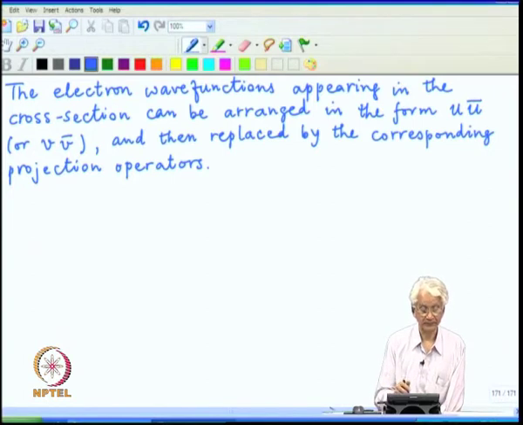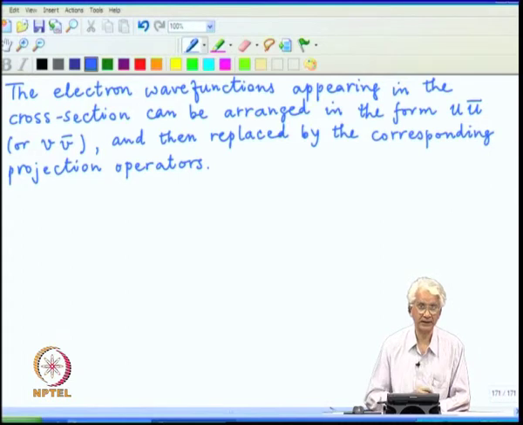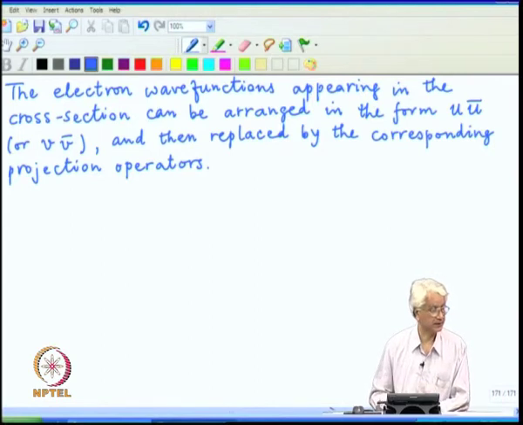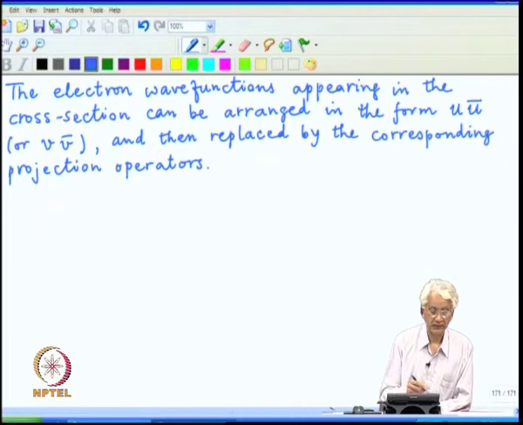But when the amplitude is squared, the squared form always has this u times u bar sitting together, or if they are sitting at opposite ends, they can be brought together by including the cyclic trace functions, and then the whole structure simplifies, and one only ends up using the projection operators and not the explicit form of the wave functions.